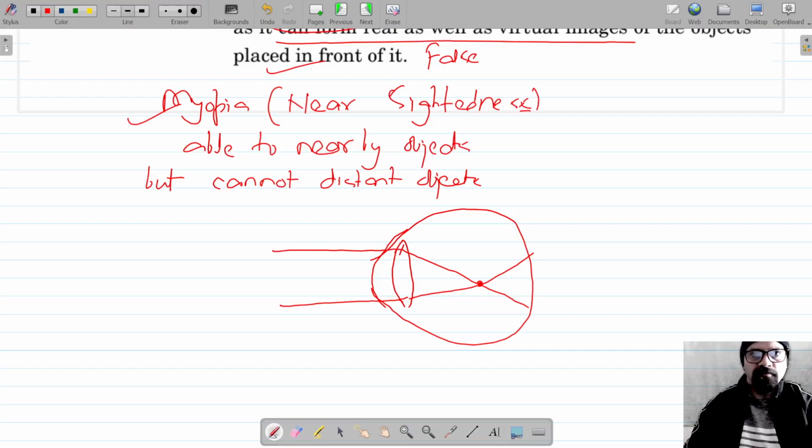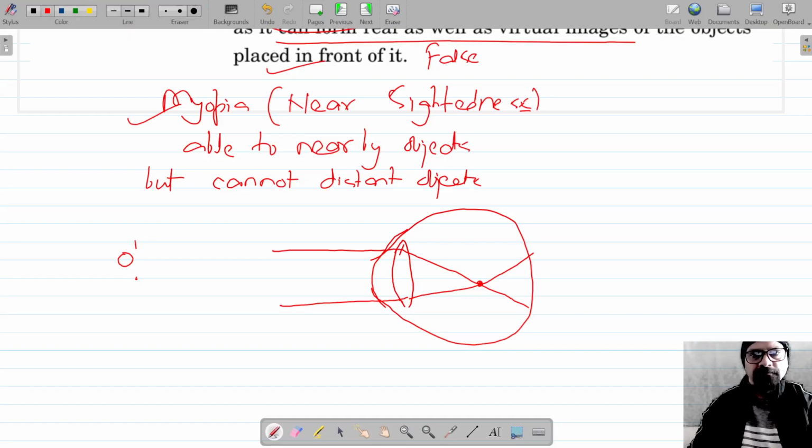Now the image is formed in front of the retina because in a myopic eye, the person is able to see nearby objects but cannot see distant objects distinctly. A person with this defect has the far point nearer than infinity. So this is, let's say, his far point, and this is infinity.